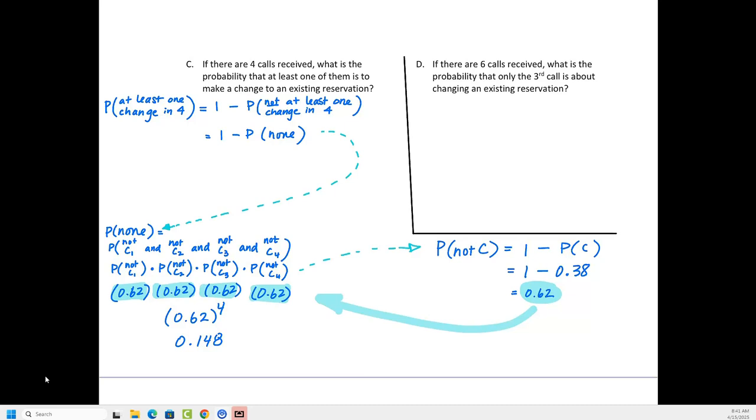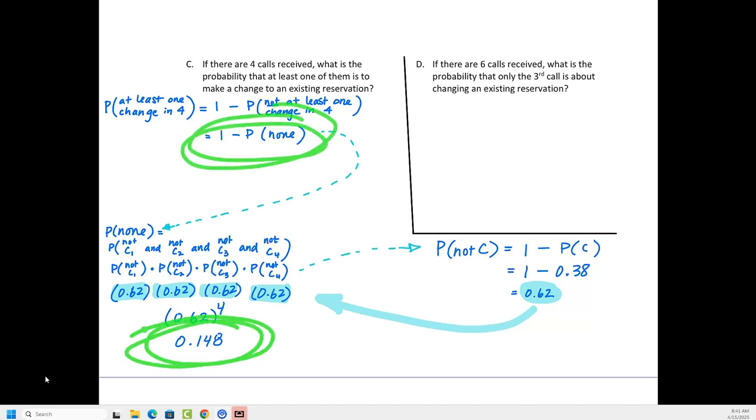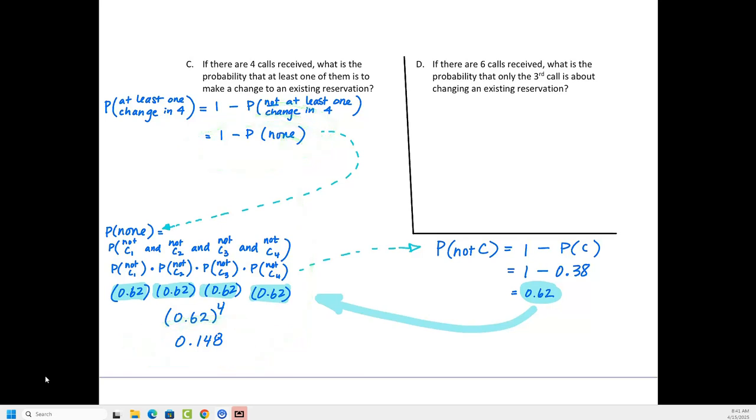Now, was that the correct answer? No, if you remember correctly, we needed the probability that none of the phone calls were for a change. Okay, up here. And so now we've got to take and stick this value back up into that location. So let me highlight this. Okay, and that's going to go in this location here is what I'm going to do. So I know it's the 0.148.